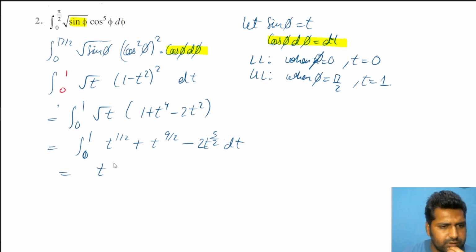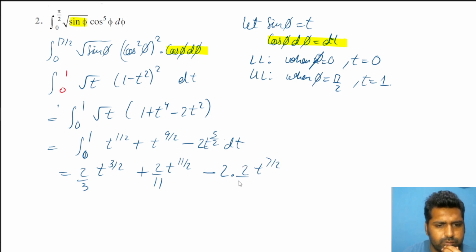This becomes t raised to power 3 by 2, here 2 by 3. Plus this becomes t raised to power 9 by 2 plus 1, 11 by 2. So 11 by 2, 2 by 11, minus 2 into t raised to power 7 by 2 into 2 by 7. Okay.